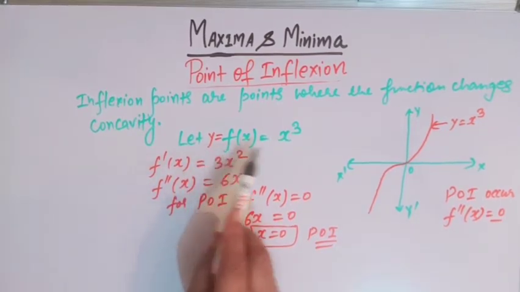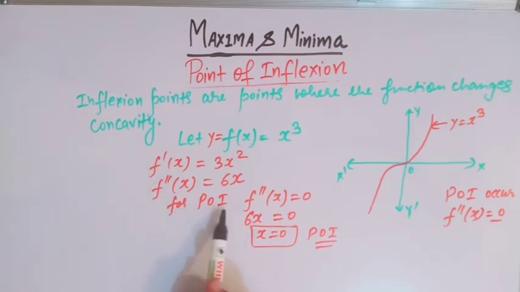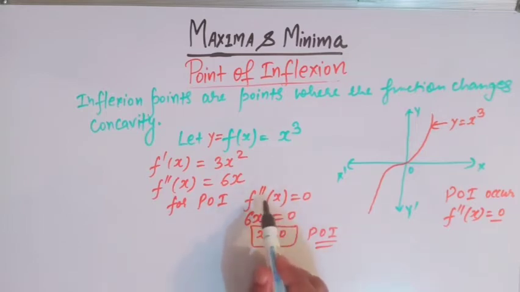Now here we have the function, and we have obtained the first derivative and the second derivative, and for obtaining the point of inflection we have equated the second derivative to 0, 6x is equal to 0 and x equal to 0.